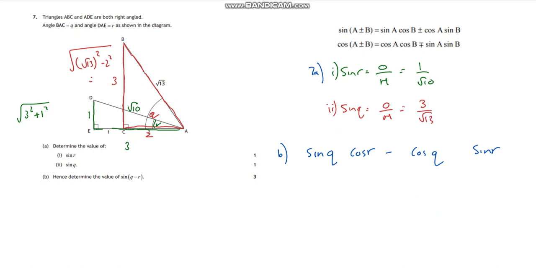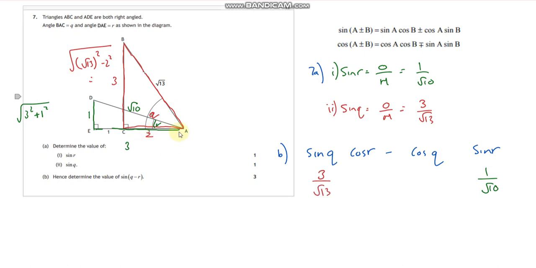Fantastic. And I'll sub in what I know so far. So I know sine R is 1 over root 10. And I know that sine Q is 3 over root 13. Okay, so let's go for cos R. Cos R is adjacent over hypotenuse, so that's times 3 over root 10.